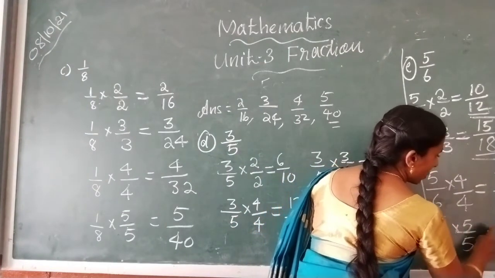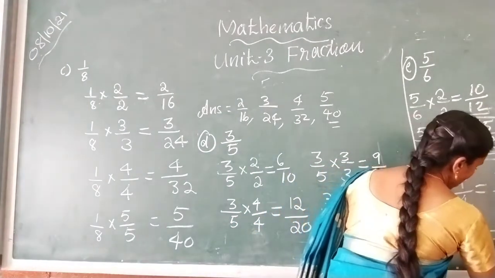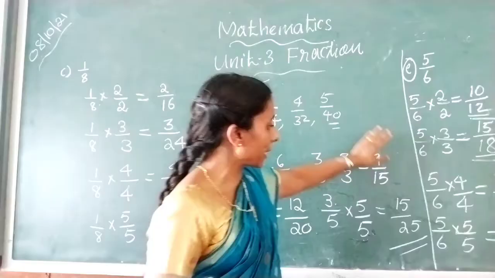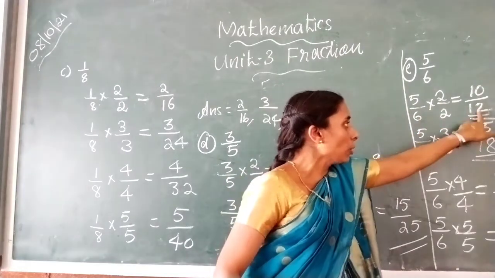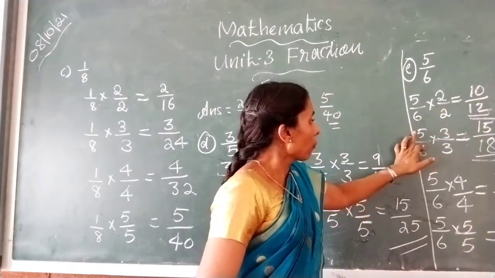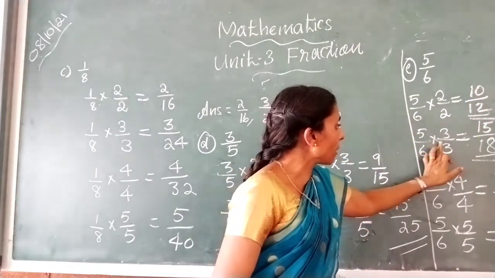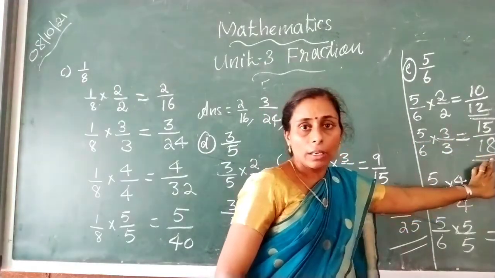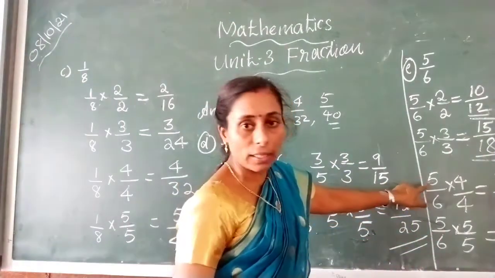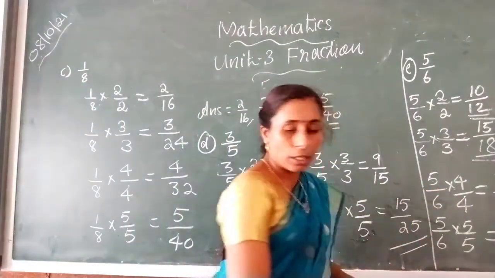upon 5 is equal to 5 5s are 25, 5 6s are 30. You can find the answer. 5 2s are 10, 6 2s are 12, so 10 upon 12. 5 upon 6 multiplied by 3 upon 3, 5 3s are 15, 6 3s are 18. Okay, next one. 5 4s are... can you see the board?